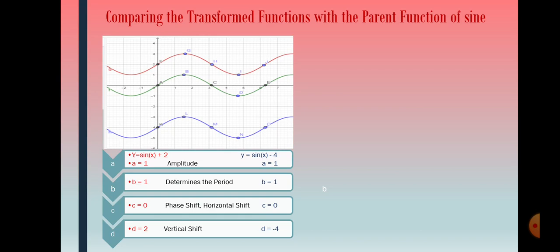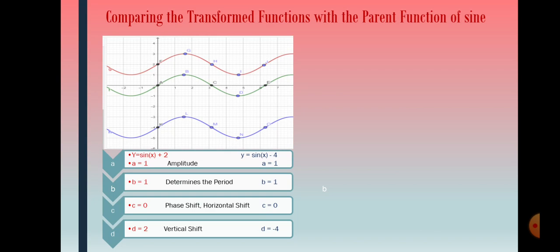So the function y equals sine x plus 2 is our red function. The blue function is y equals sine x minus 4. That means a is 1, b is 1. Since it didn't move to the right or to the left, c is 0. And since it moved down 4 units, d is negative 4.